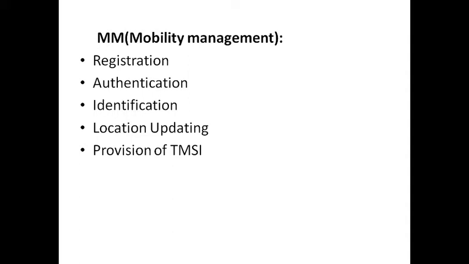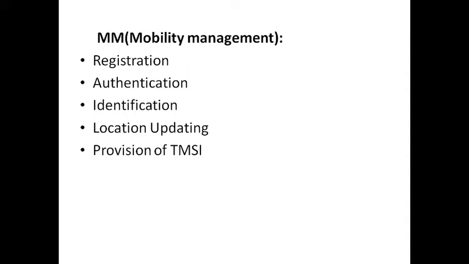Registration means whenever any mobile station wants to use GSM, it has to register with the GSM. Then only that mobile station will come under GSM. Whenever you purchase any mobile device, you have to register with the GSM. All these registration processes are done by mobility management.